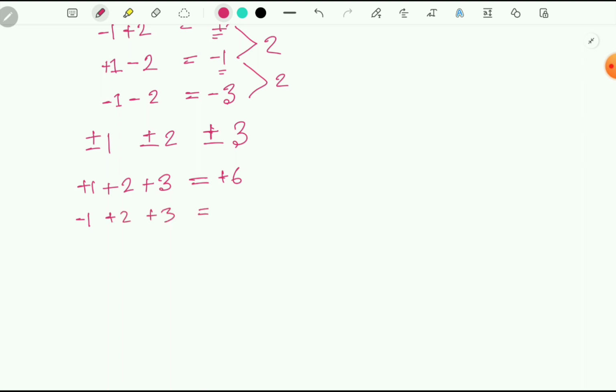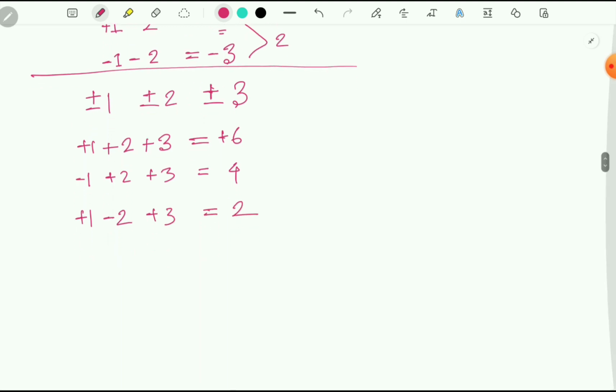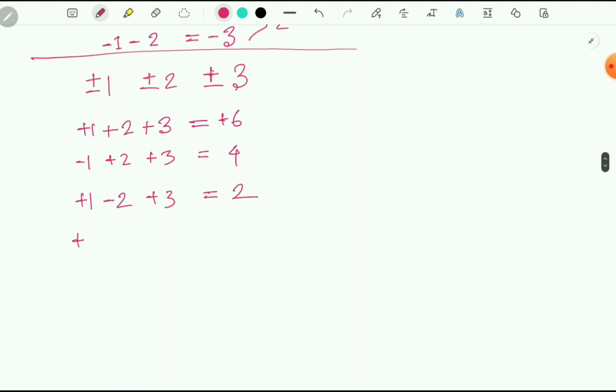It gives us positive 6. Then give 1 positive, minus 2, plus 3, it gives us 2. Then positive 1, positive 2, negative 3 gives us 0.